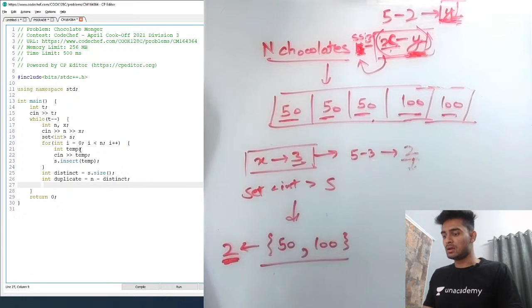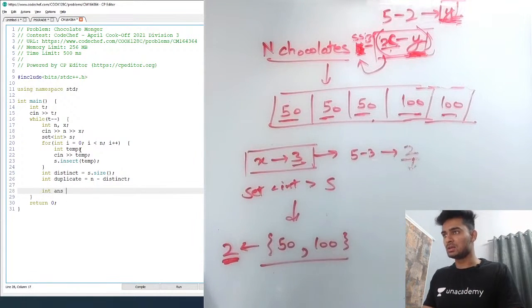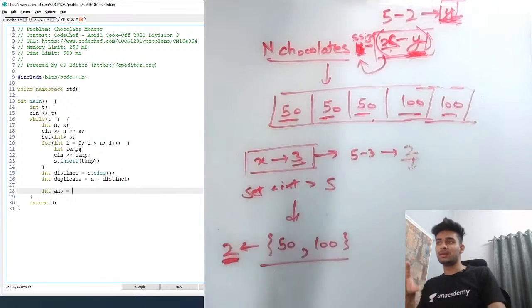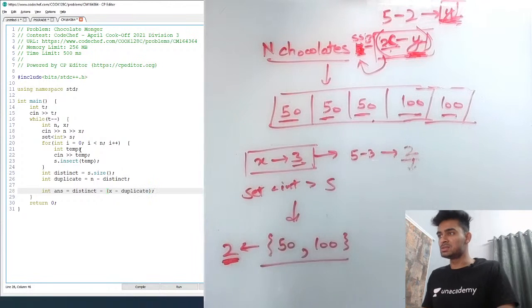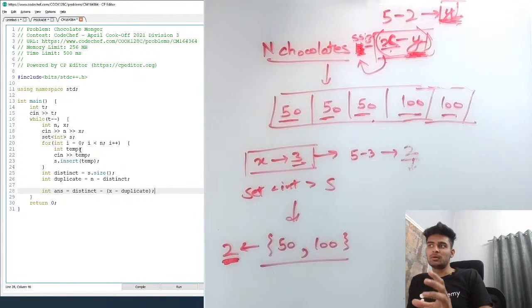Okay. Now let's see what our final answer is going to be. Now we have answer equals to. We need to give x chocolates to her brother. So basically this is going to be distinct minus, then we are going to remove some duplicate values from x. Now this is the answer. Now there is one problem.